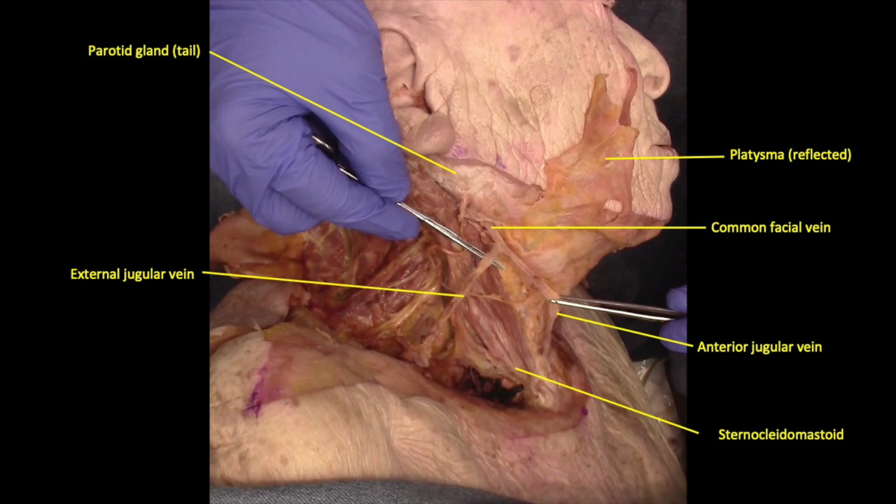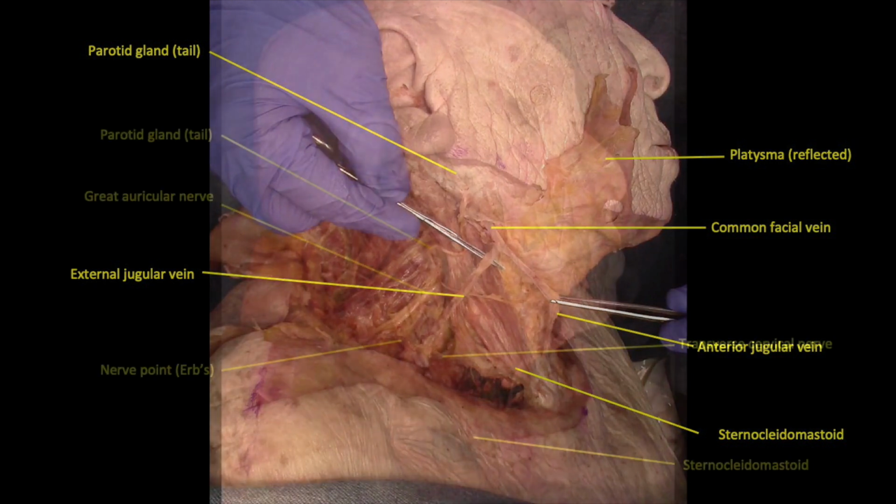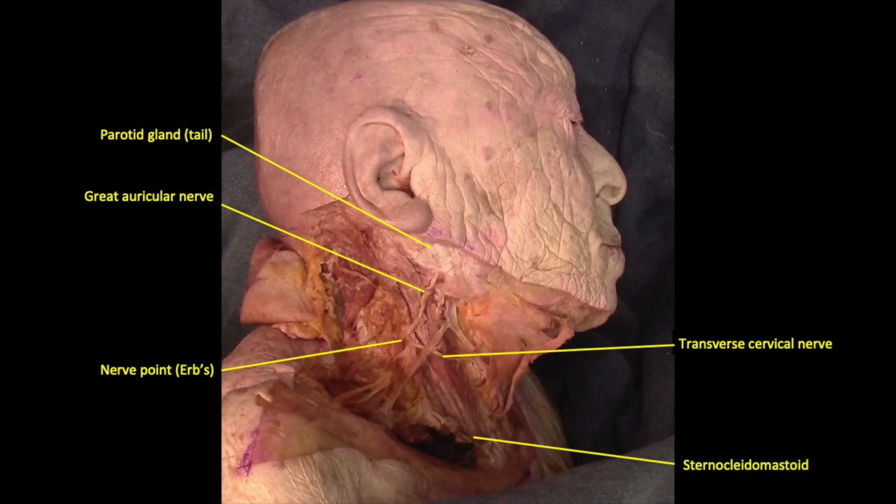This vein carries most of the venous blood from the face. However, blood clots in this vein can reach the cavernous sinus in the skull, resulting in an infection of the sinus with potential fatal consequences.